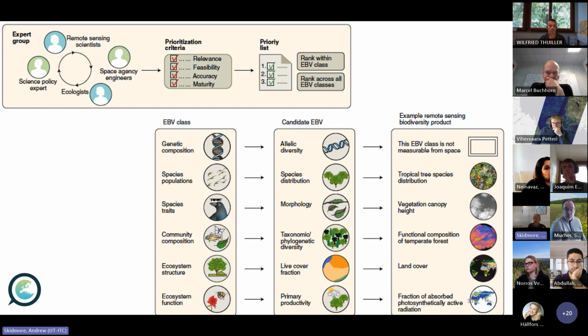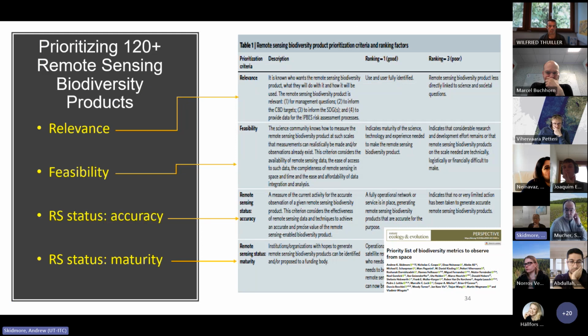So what we found in all was that there were around 120 remote sensing biodiversity products, and these were prioritized according to 4 criteria, which were actually used by the Essential Climate Variable community. So we were looking at relevance, feasibility, accuracy, and maturity, and these were all given a score and ranked.